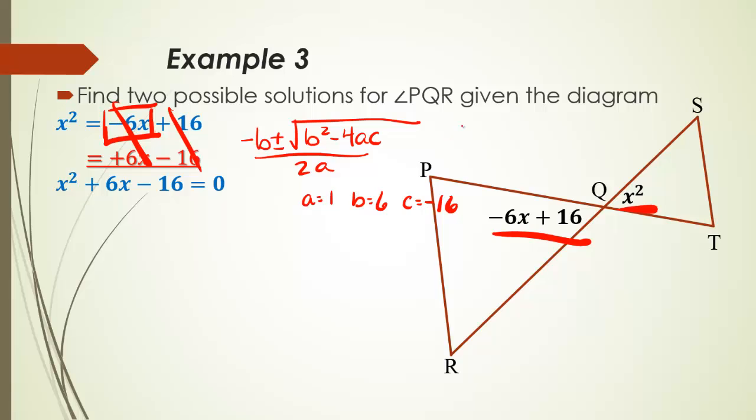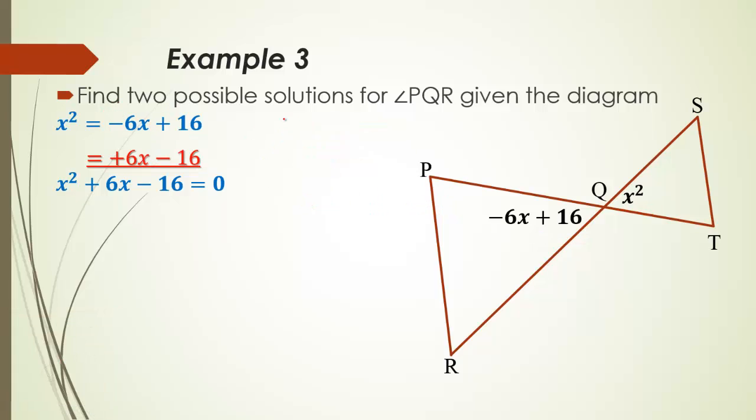So when you plug that in, I'm going to get rid of some of this so I have some more space to work. So I get negative 6 plus or minus the square root of 6 squared, which is 36, minus 4 times a, which is 1, times c, which is negative 16, all over 2 times a, which is just 2 times 1, or 2.